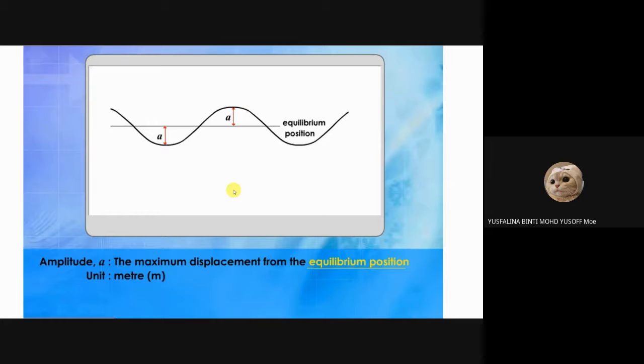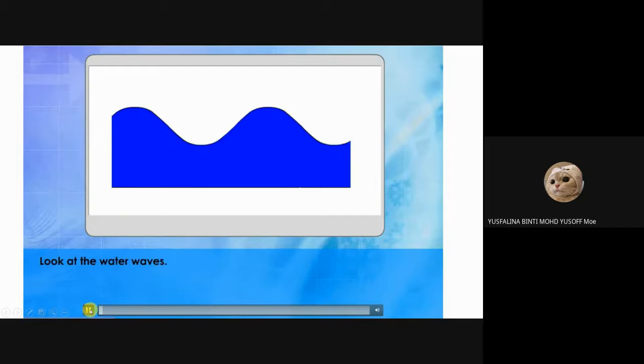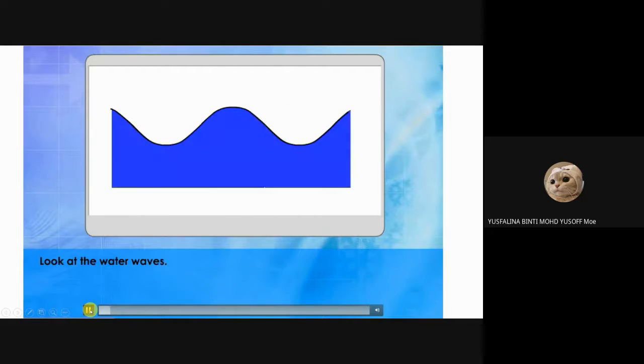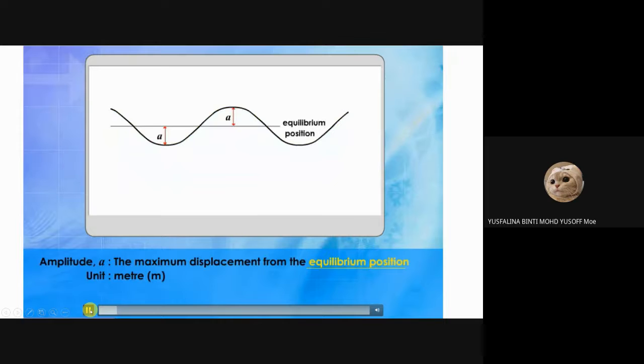Let's say we have a graph here, the amplitude, at the water waves. Amplitude is the maximum displacement from the equilibrium position. This is the equilibrium position, and this is the maximum displacement.